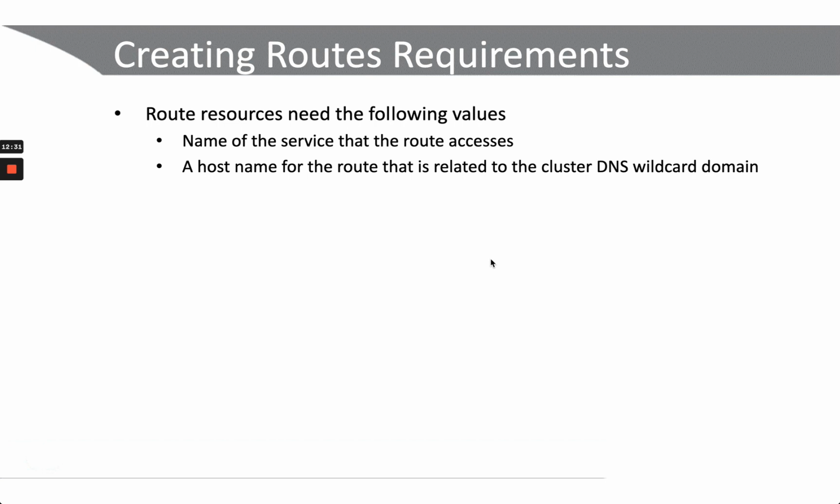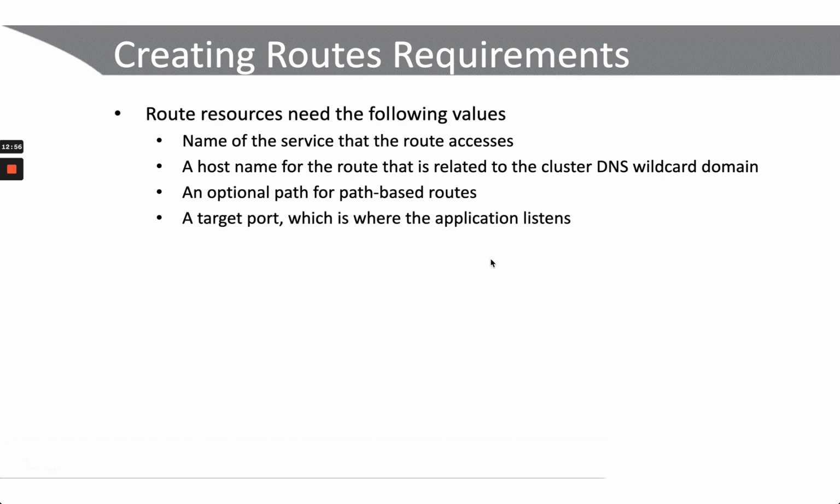The route is really behaving as if it is a physical host, and that is where you set the host name. And this host name must be reachable if you want to do this for real by the external DNS wildcard domain. You need an optional path for path-based route if you want to further differentiate. We're not going to do that in class today.